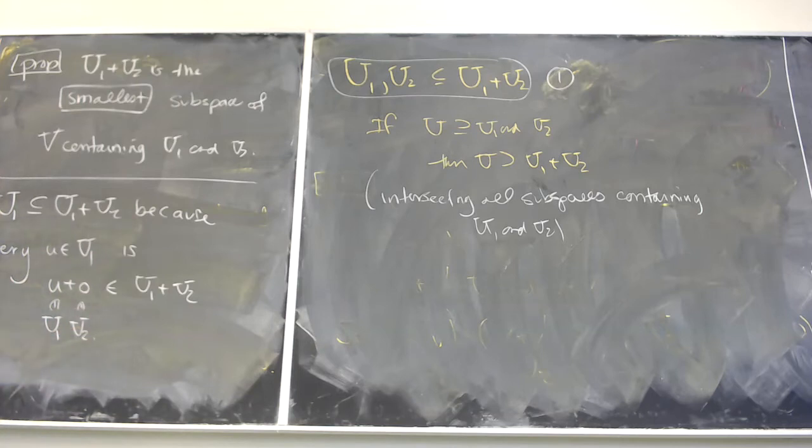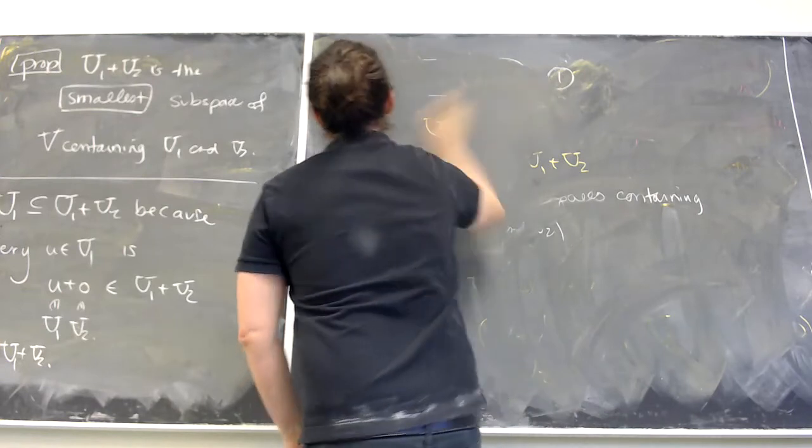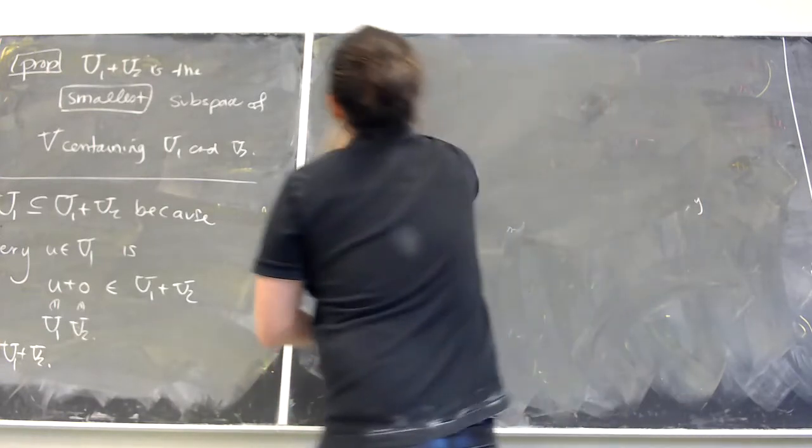Now this is the sort of formalism that can be confusing. All we're saying is anything that is just in U1 can be thought of as being in U1 plus U2, because anything over here could just be written as u plus 0. Also, by the same argument, U2 is contained in U1 plus U2. So U1 plus U2 is a subspace that contains U1 and U2. That's where we're at right now.